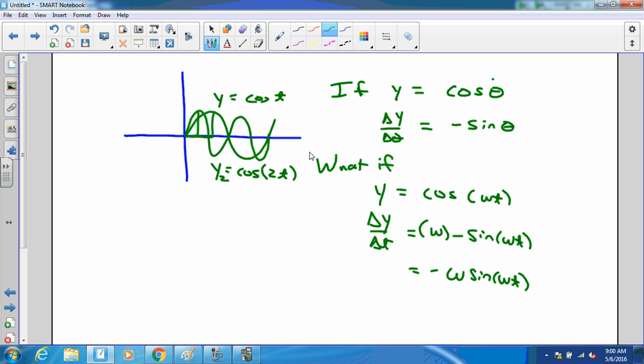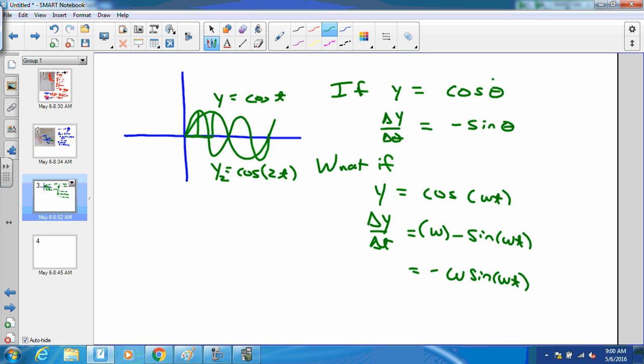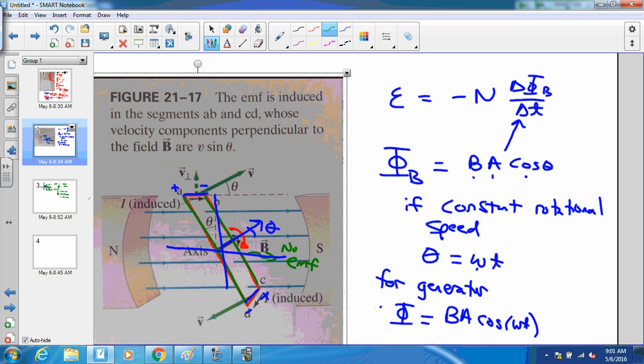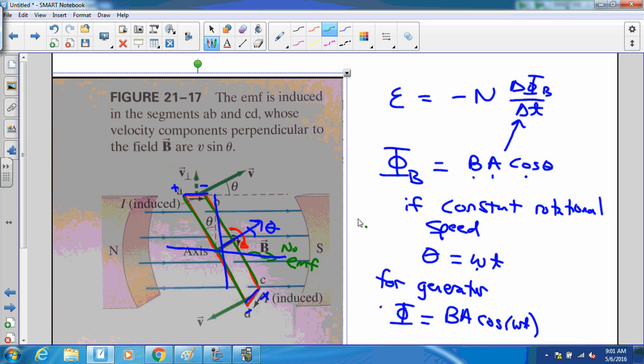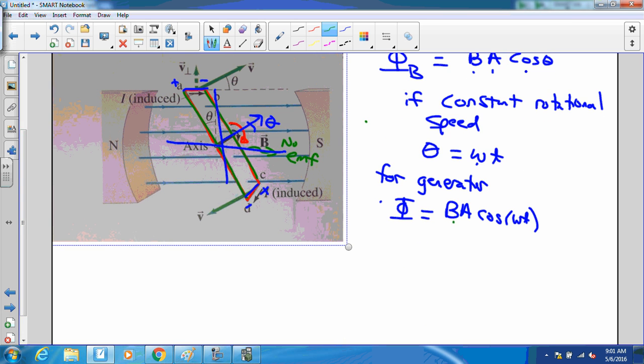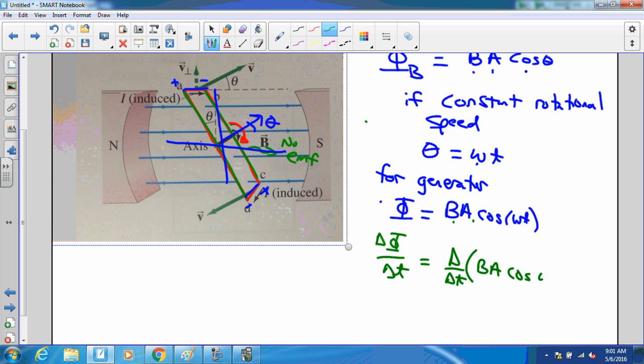All right. So with all of that in mind, we now have a powerful way to come back and evaluate the EMF directly. Since the flux is BA cosine omega t, the rate of change of flux is equal to the rate of change of BA cosine omega t.